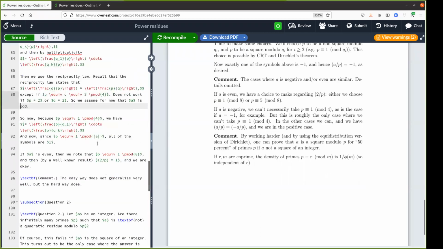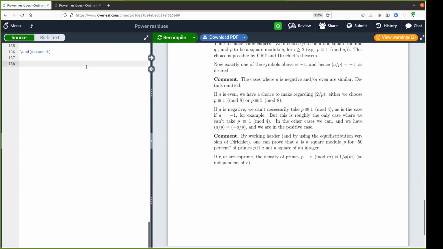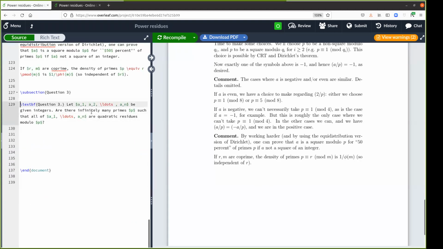Okay, then for question 3. That's actually very easy with the machinery we have given above.